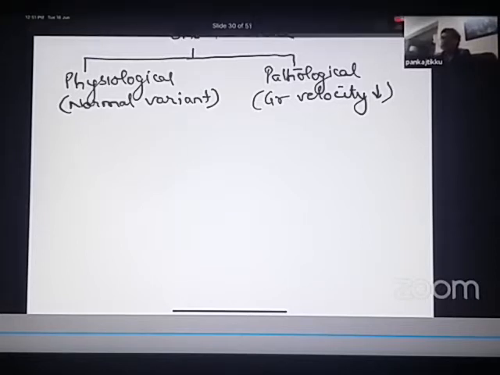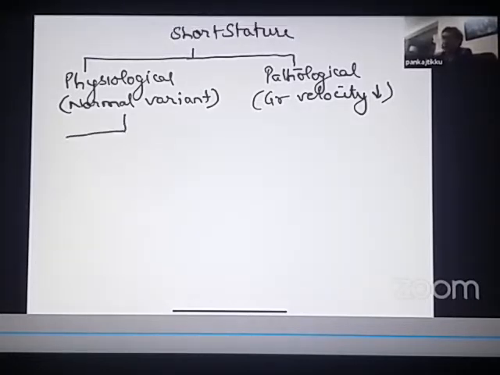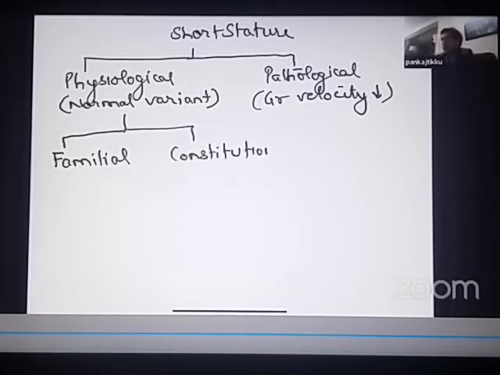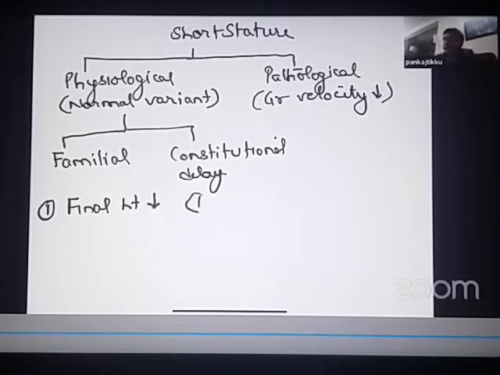Physiological short statures, I told you, are again divided into two categories: one is familial short stature and one is constitutional delay. What is the difference? In familial short stature, the final height is always short, while in constitutional delay, the final height is usually normal.